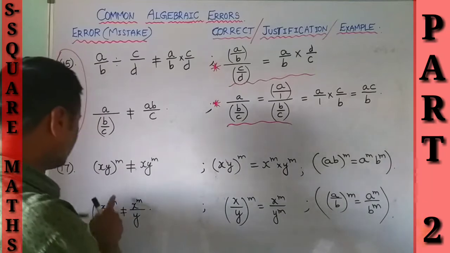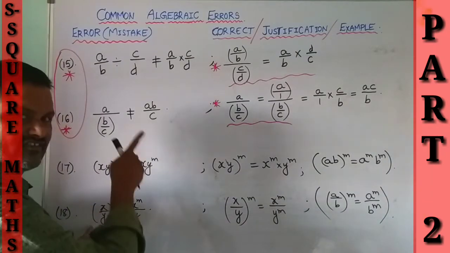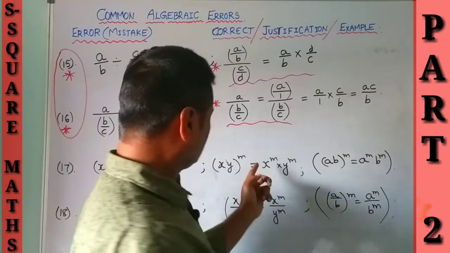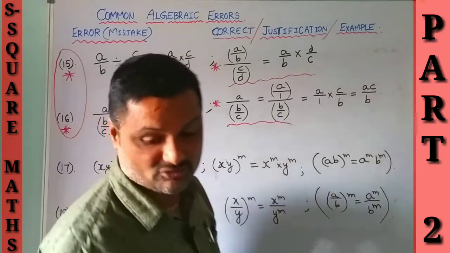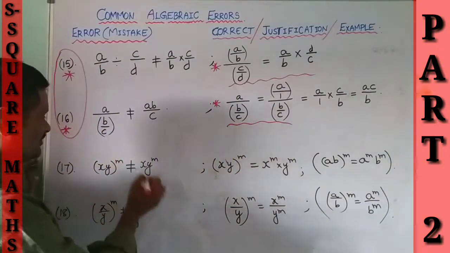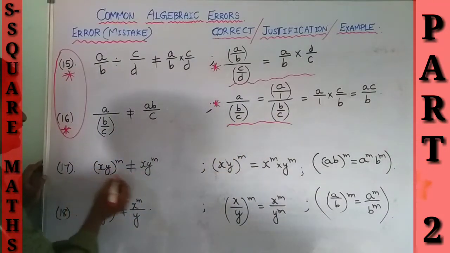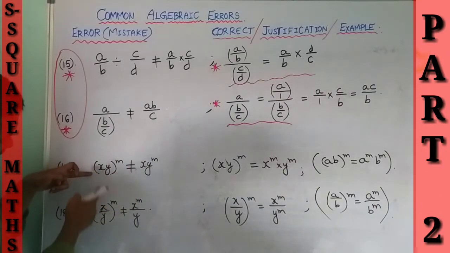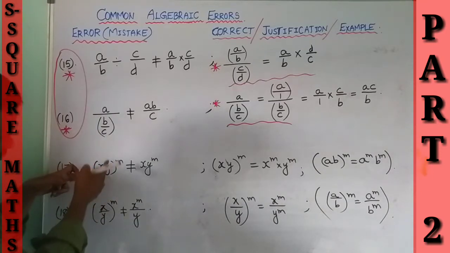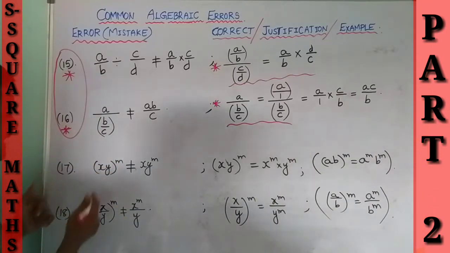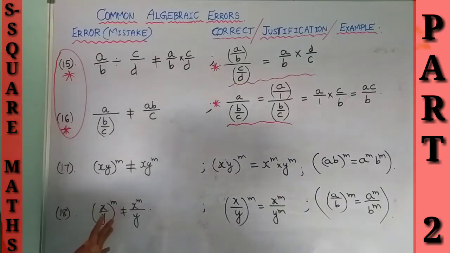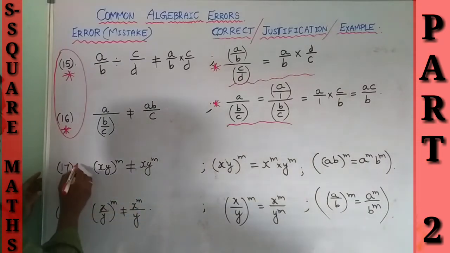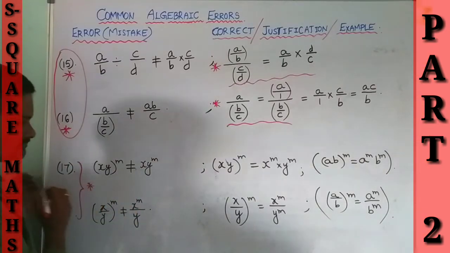Here you have the exponent for the total fraction. That's why it will be distributed to both numerator and denominator. Here also it will be distributed to both the first product and the second product. So be aware, many students will do it in this way. For these two properties of exponents, the bracket, the parenthesis, plays an important role. If it is without brackets, you can consider it in this way. So please be aware of this again.